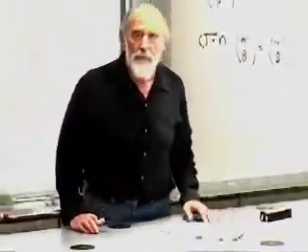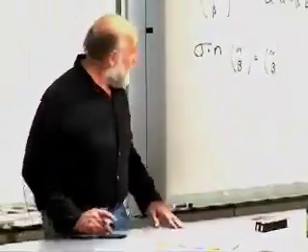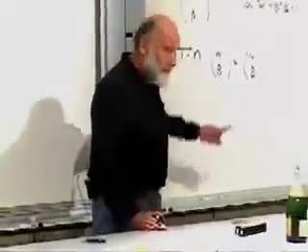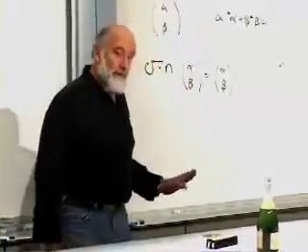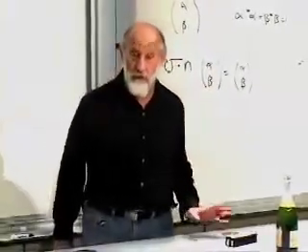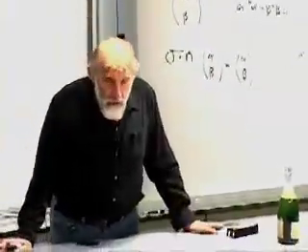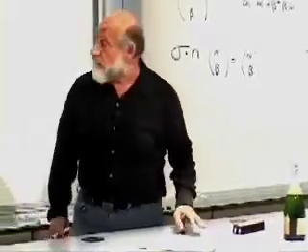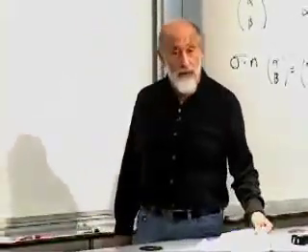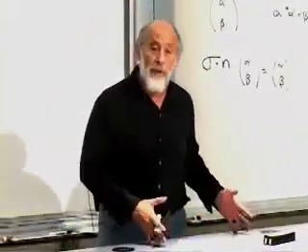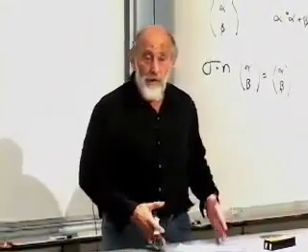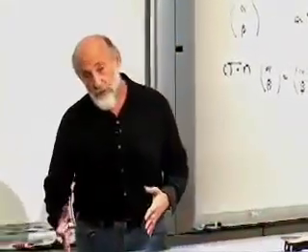Does the phase have any physical meaning then? The overall phase of the wave function, or the state vector, does not have a physical significance. Why not? Because whenever you calculate any physical probability, you always wind up multiplying it by its complex conjugate. When you multiply by a complex conjugate, the phase goes away.